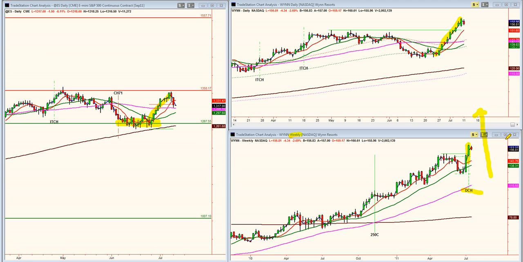Okay, so then we wait. We wait for the trade on the daily chart to set up. Now, since we were near resistance levels, we did not trade this breakout on WIN.